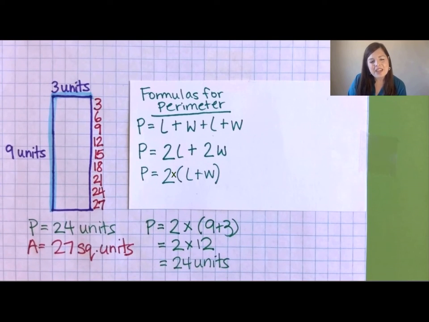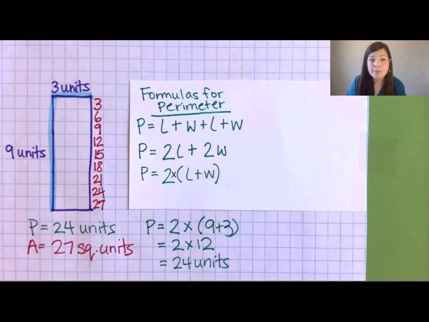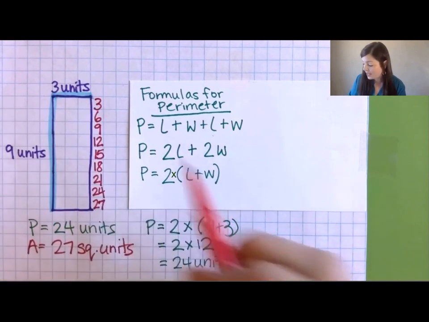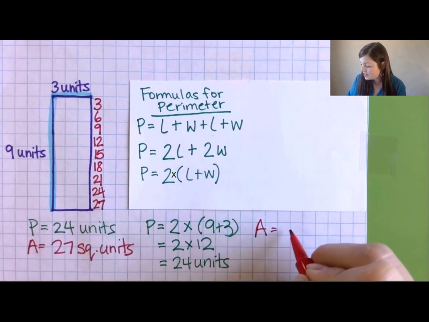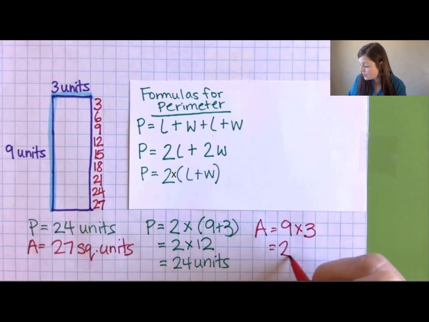Now, can anyone think of a more efficient way to find the area? When we skip counted, that may have reminded you that multiplication is similar to skip counting, but it's more efficient. So we could just multiply 9 times 3 because we have 9 rows of 3. So 9 times 3 equals 27 square units.